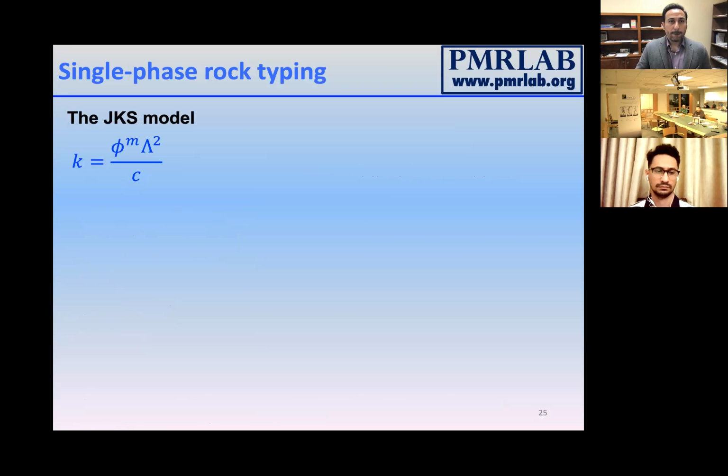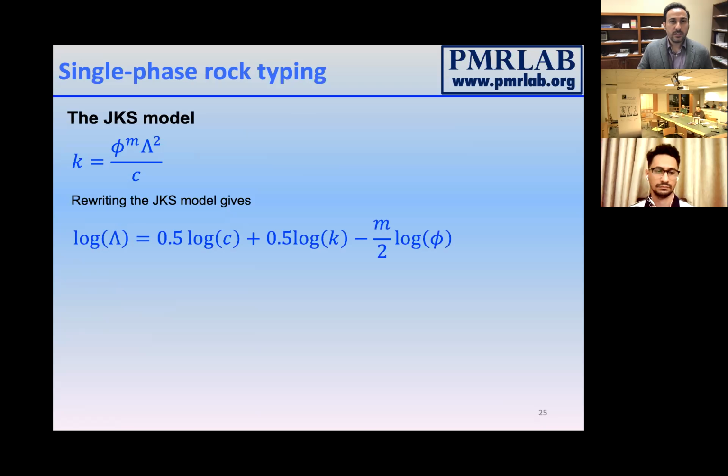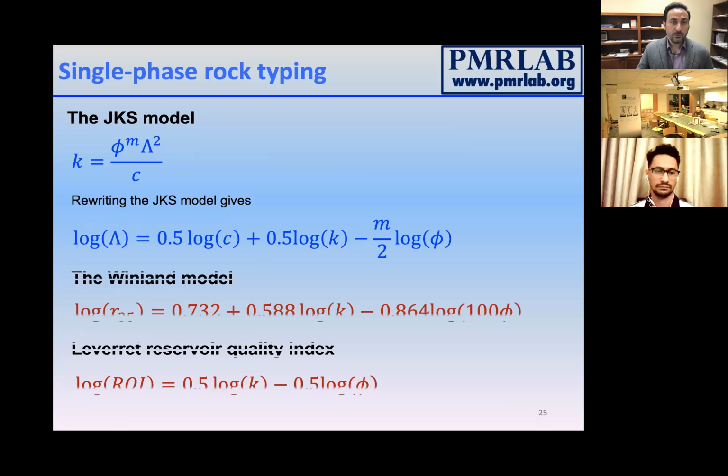Okay, so here is the JKS model, including porosity and lambda. If you take the log of each side and rewrite it, you can get log of lambda in terms of log of C, log of K, and log of phi. Interestingly, this is very similar to other proposed models, like the Winland equation.